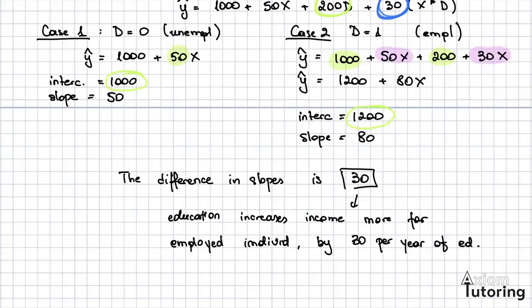So the extra beta 3 is basically the extra return on education for the employed group.